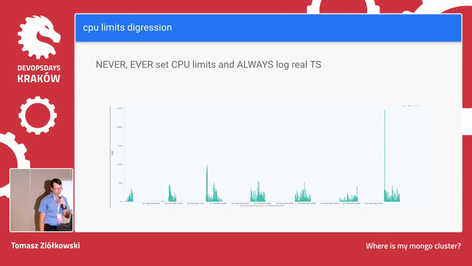CPU limits were defined for that pod, and Kubernetes assumed that CPU is a compressible resource.